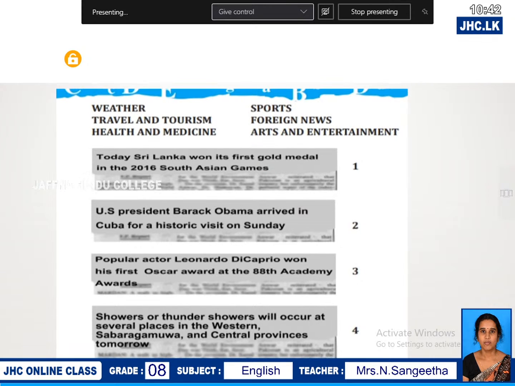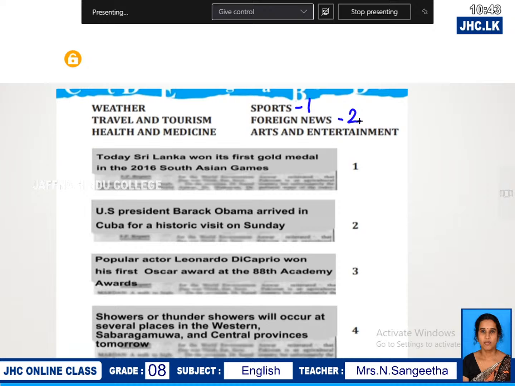Today Sri Lanka won the first gold medal in the 2016 South Asian Games. So where can we put it? Under the sports. And the second one, US President Barack Obama arrived in Cuba for a historic visit on Sunday. It is about a foreign country, so it is under the foreign news.